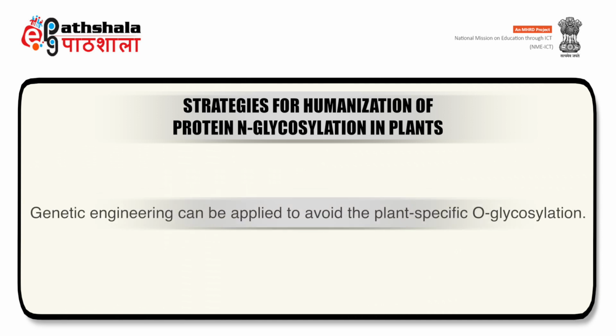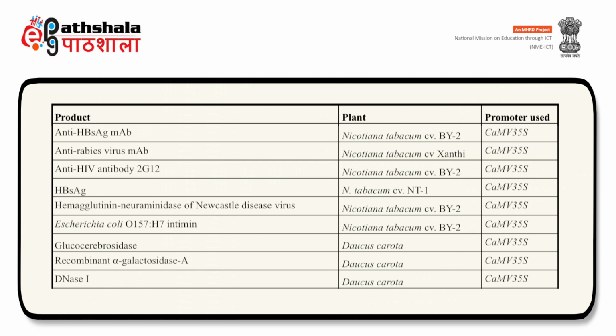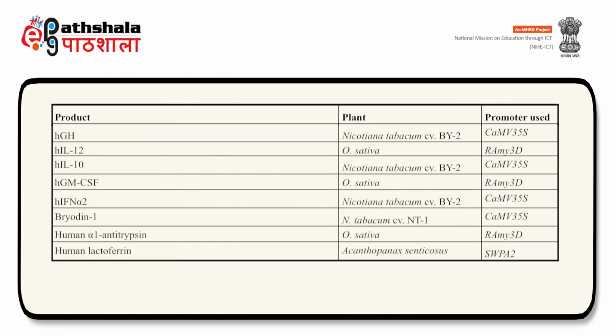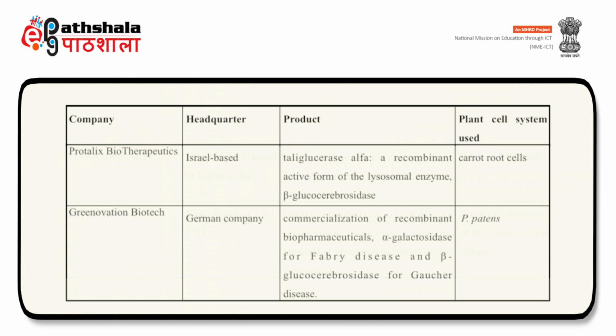Genetic engineering can be applied to avoid the plant-specific O-glycosylation. Here we can see with the help of this table the plant cell-based biopharmaceuticals developed till now. In another table, we can see the companies commercializing plant cell-based therapeutics with their products.